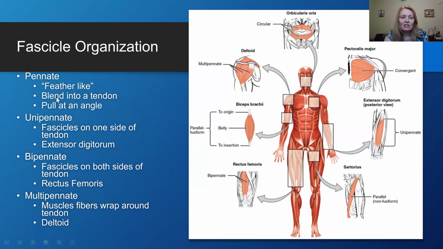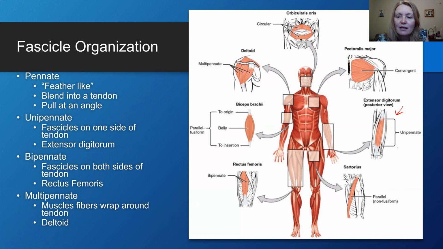Another type of organization is pinnate. That means feather-like. So it can blend into a tendon, and then it can pull at an angle, right? That's what we want. If you want to pull at an angle, then pinnate muscles would be the best. So we can have unipinnate over here, like extensor digitorum, for example.